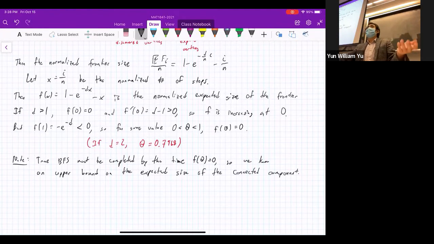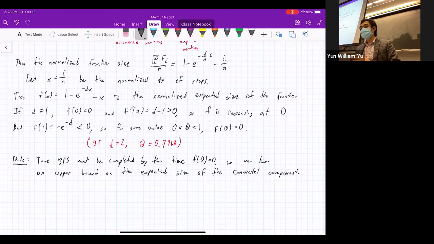Right, because the first time your function hits 0 is the same for your modified BFS and your true BFS. Now, for the true BFS, it's not exactly well defined what happens after you hit the size of your connected component, but this modified BFS is well defined, and so we can use that to bound the true BFS.